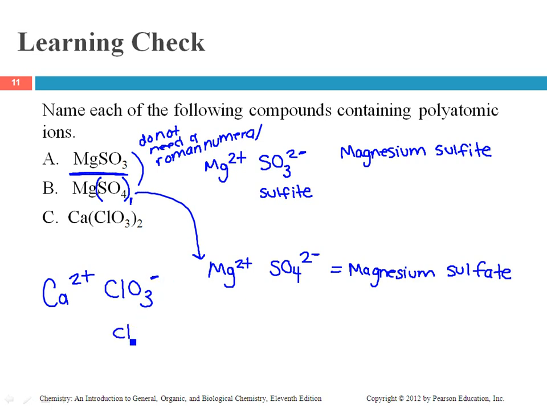It's known as chlorate. We don't have to find the oxidation state or ionic charge here at all, but just to see where we got the formula from, we're going to need 2 of our chlorate polyatomic ions for every 1 calcium. That's where we got our formula from. So we now have calcium chlorate.